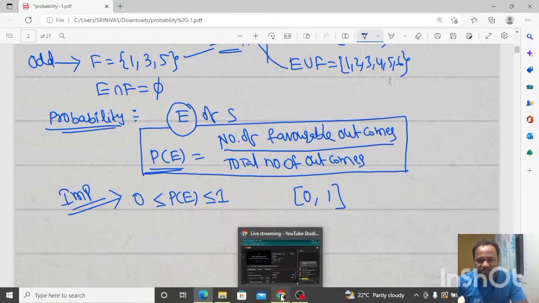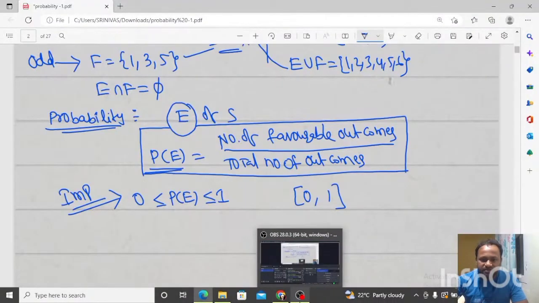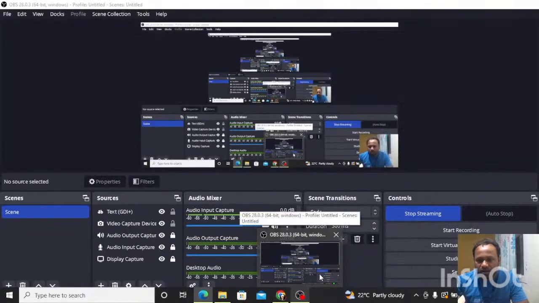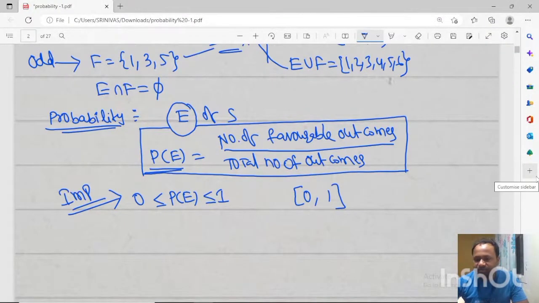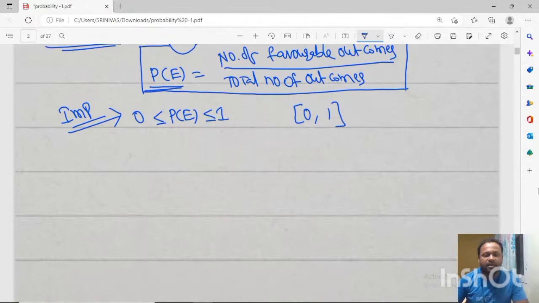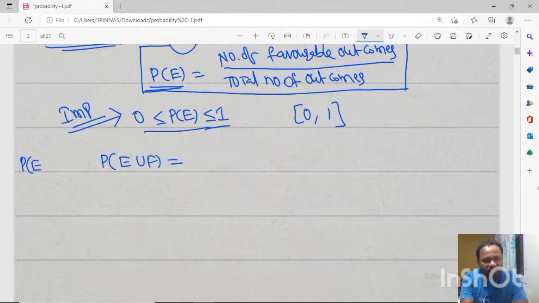Next, see the condition. Here we have seen the probability range, and one more useful condition: the probability of two events, E union F, or we can say the probability of E or F. What is the probability of E union F formula?